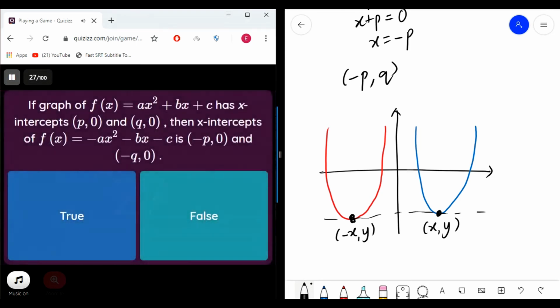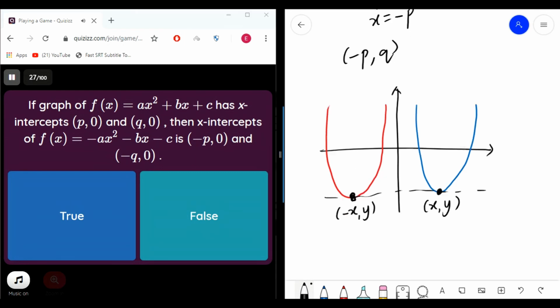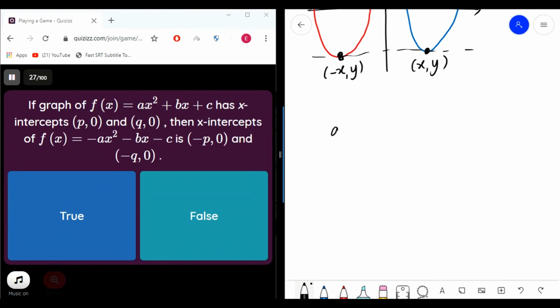Number 37. If the graph of f(x) equals ax squared plus bx plus c has x-intercepts of (p, 0) and (q, 0), then the x-intercepts of g(x) equals negative ax squared minus bx minus c are (negative p, 0) and (negative q, 0). This statement sounds very complicated, right? But actually it means g of x equals negative f of x.